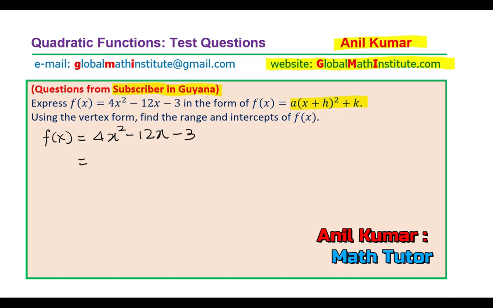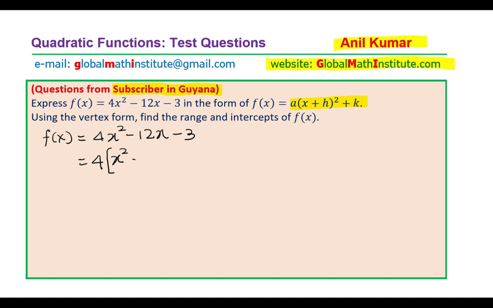First step is to take the leading coefficient, the coefficient of x squared, 4, as common. I use square brackets, which you normally do not find in the books. You'll see why we use square brackets here. So we get x squared, 12 divided by 4 is 3, so 3x. And keep this minus 3 away.